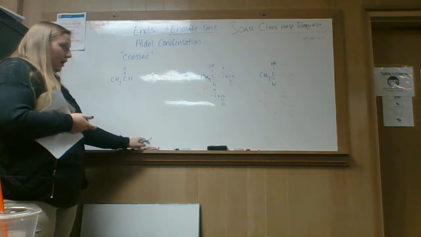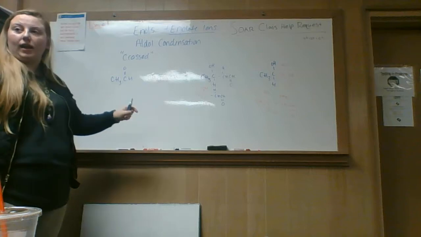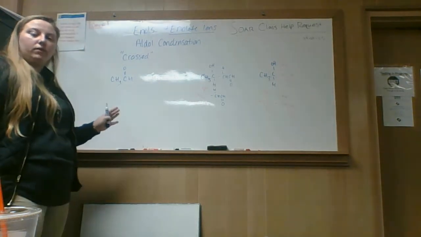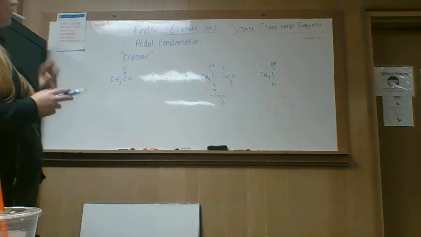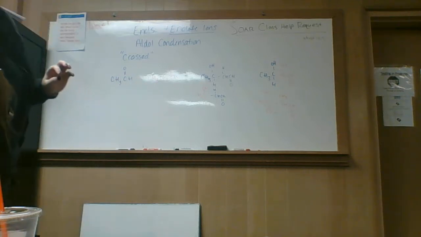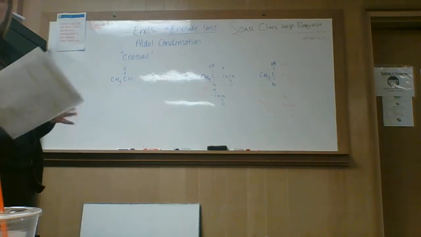The reason for this is that both of these can form enolate anions. Obviously we don't want multiple products. We want to definitively know what we're making. So the only way to really prevent this is by using one aldehyde or ketone that can't make enolate anions.